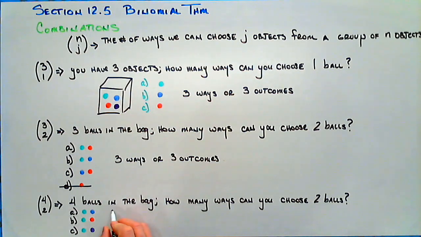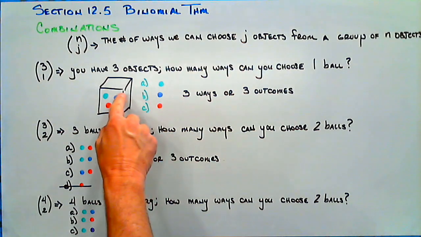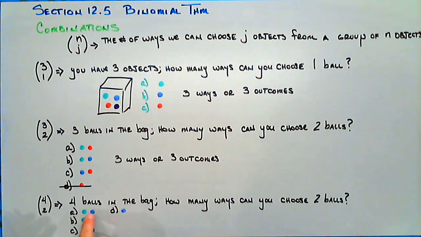But where do we go next? Well, let's change it up. Let's do what we did up here. Instead of choosing the green ball first, let's choose the blue ball first. Well, who could have come out as my second ball if I chose the blue ball first? If I take the blue ball out, I don't want to get the green ball. I already have that over here. But I could have gotten the blue ball and the red ball.